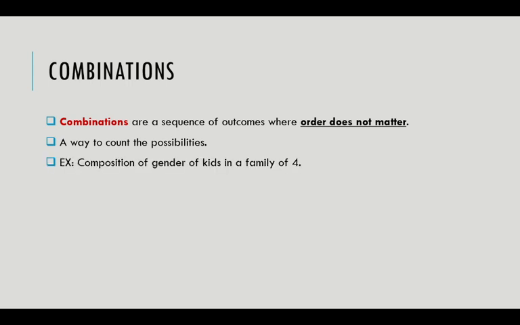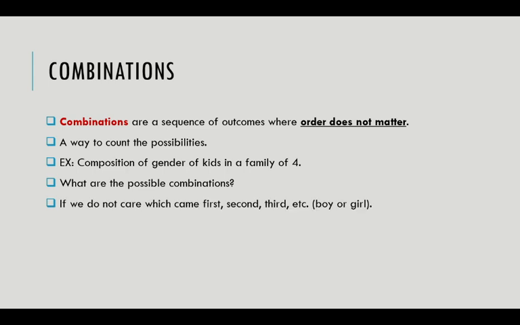Let's say we're wondering about the composition of gender of kids in a family of 4, and we want to know what are the possible combinations. I mean 4 kids here. What are the possible combinations of gender of kids? With a combination, order doesn't matter. If we don't care which came first, second, third, or fourth, whether boy or girl, then we're using a combination.